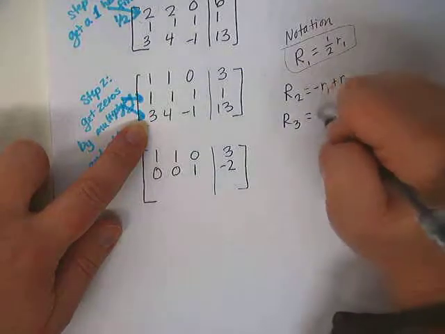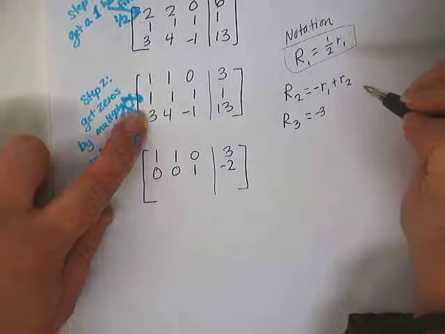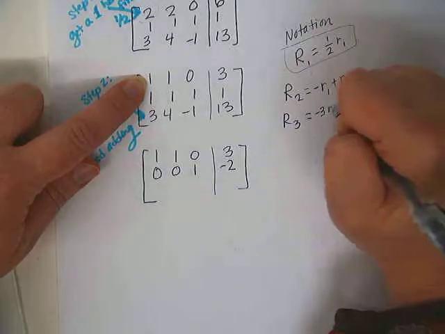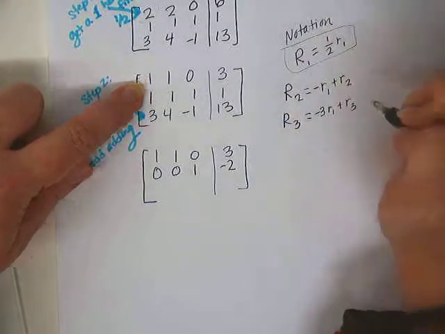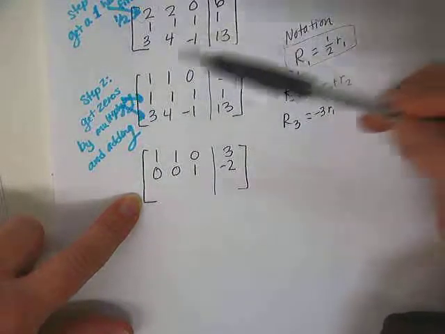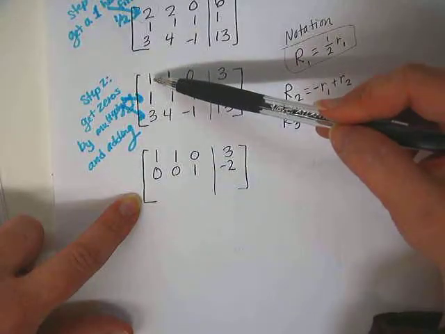Okay, now I'm going to do row 3. What do you suggest? How about if we multiply row 1 by a negative 3 this time and add it to row 3? Does that sound good?